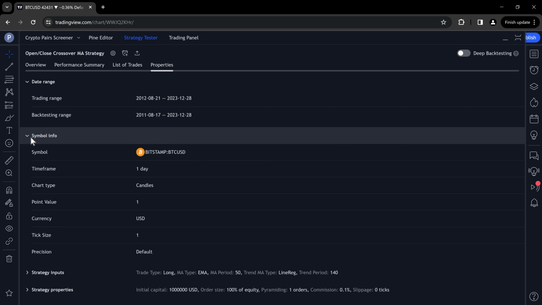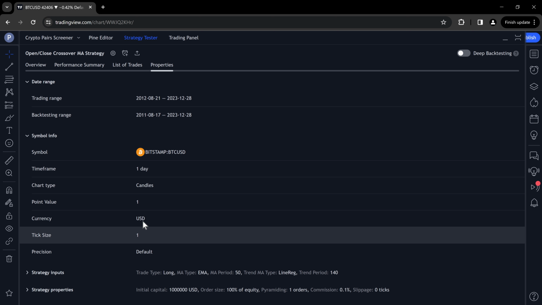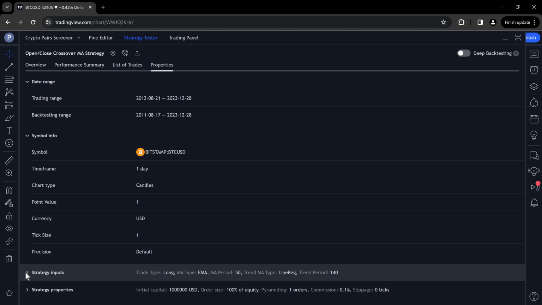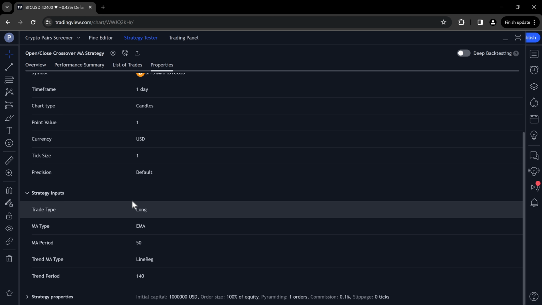Second group of parameters, symbol info, contains symbol properties such as symbol name, the chart's time frame and type, the tick size and the point value for the chart, and the base currency. The next group of parameters is strategy inputs.